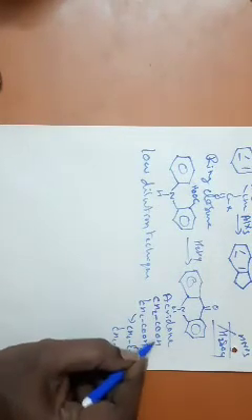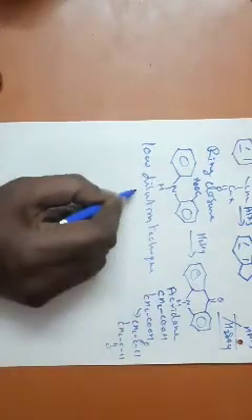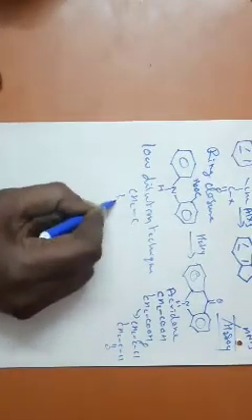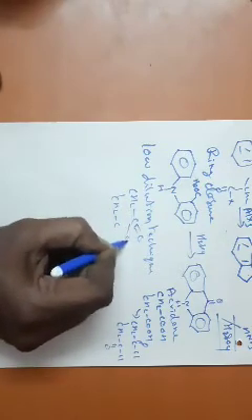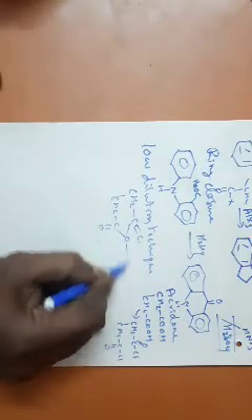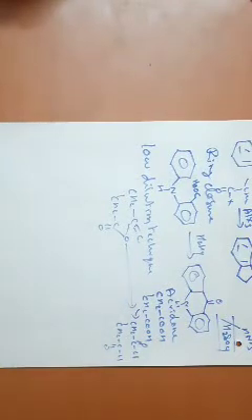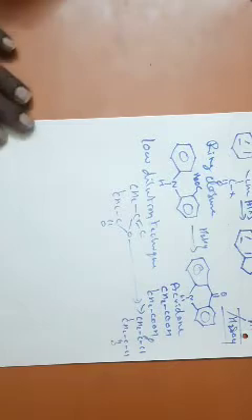Succinic acid anhydride is very simple. This is the anhydride of succinic acid. Whatever it be, both are capable of giving you the succinyl halide.